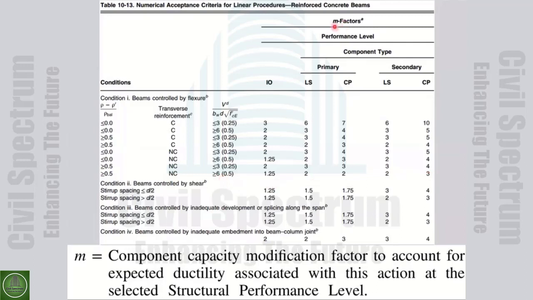So the M values, which show the ductility of the element, are like the R factor, and depend on the condition of the element. For one element with a specific condition, it depends on the performance level that we are studying.